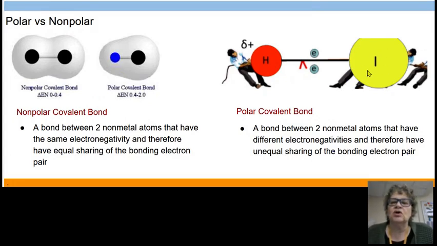Iodine is more electronegative, so it's going to have the electrons longer than the hydrogen does. So it becomes uneven, like if you think of poles on a magnet, right? It becomes uneven. So one becomes more magnetic than the other.